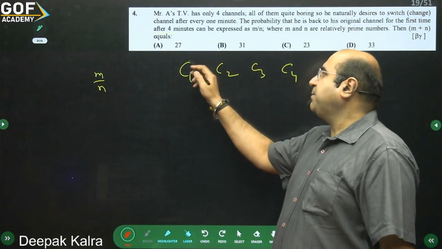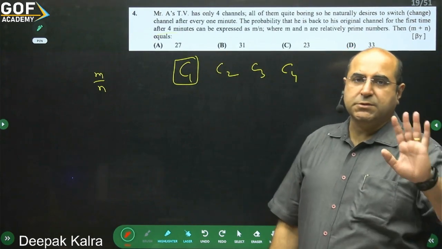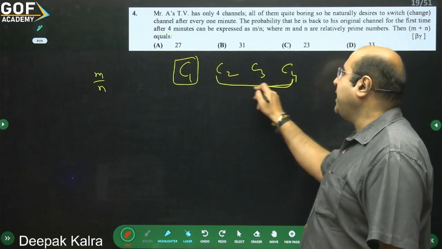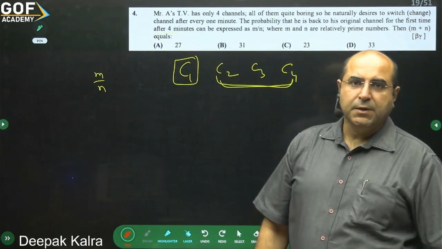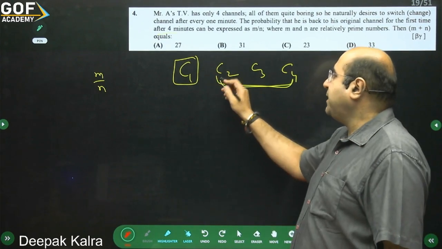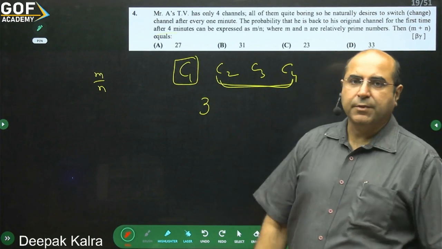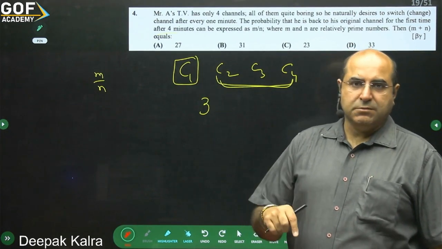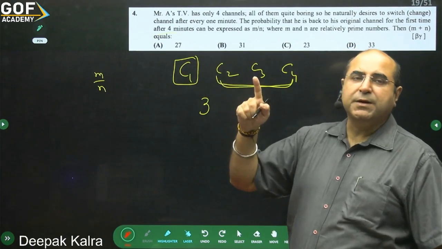Okay, let us suppose he is at channel number 1, C1. Let us suppose he is switched, so he has 4 minutes to reach back to C1, right? So first minute he changed to any one, 3 choices. Then he again switches. He should reach C1 after the 4th minute. 1 minute is over.